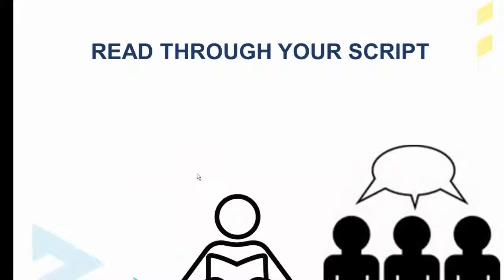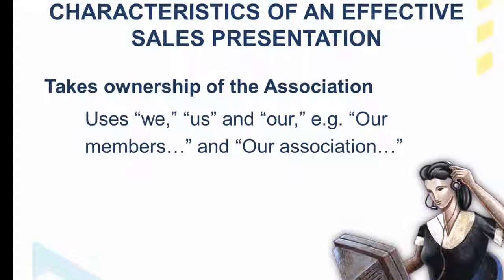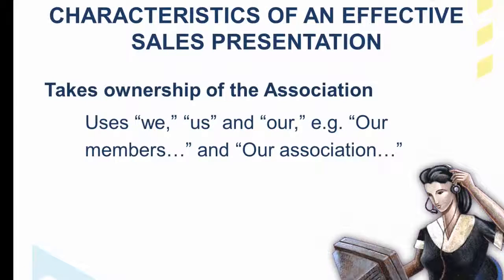After we're done with all of this, I would have the whole group do a silent read-through of their script. And after they're done, we'll talk about all of the characteristics of an effective sales presentation. This is no different than what we're providing right now.